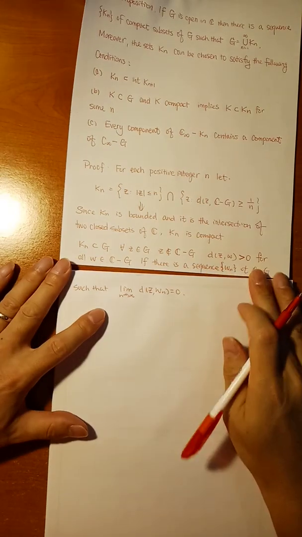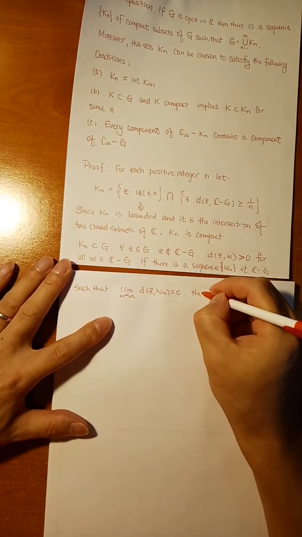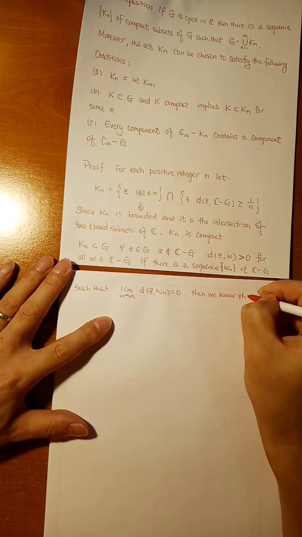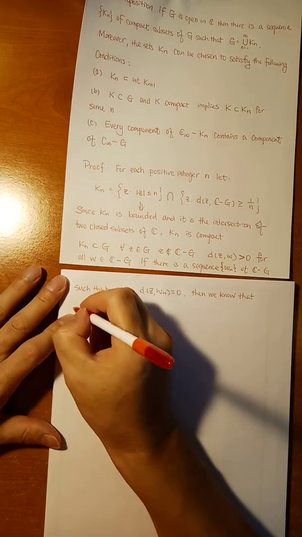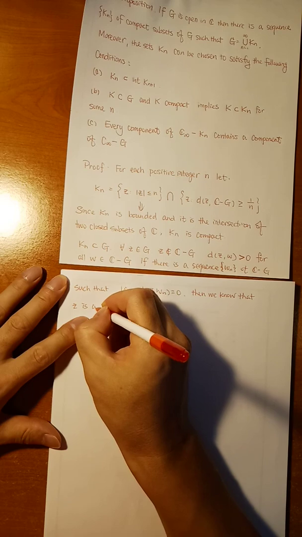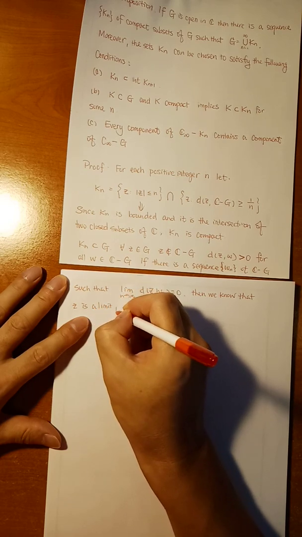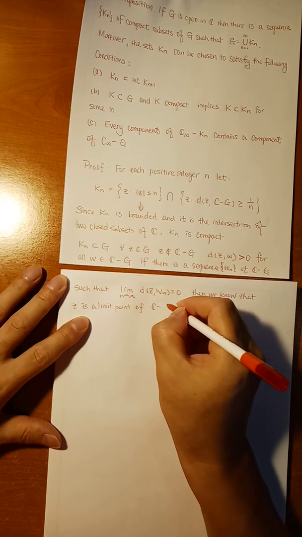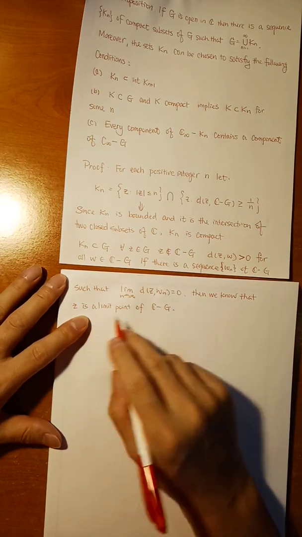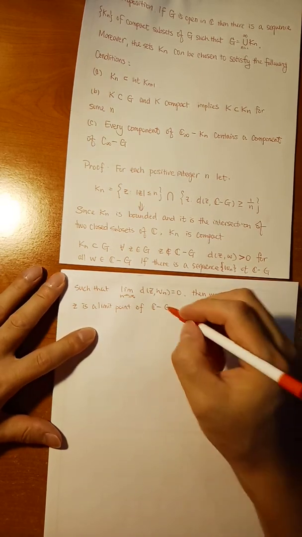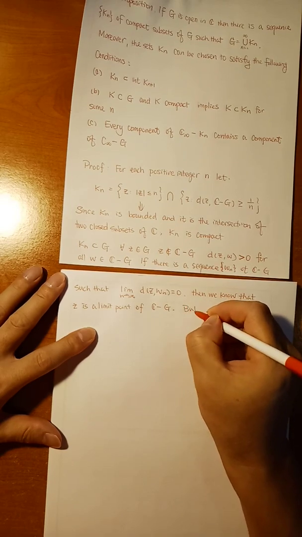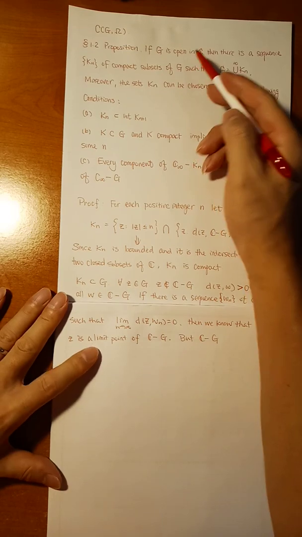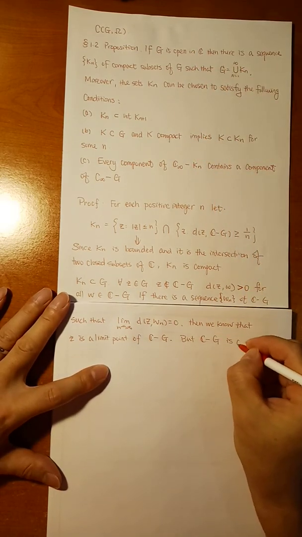If we have such a limit, then we know that z is a limit point of C minus G. But G is open, so C minus G is closed.